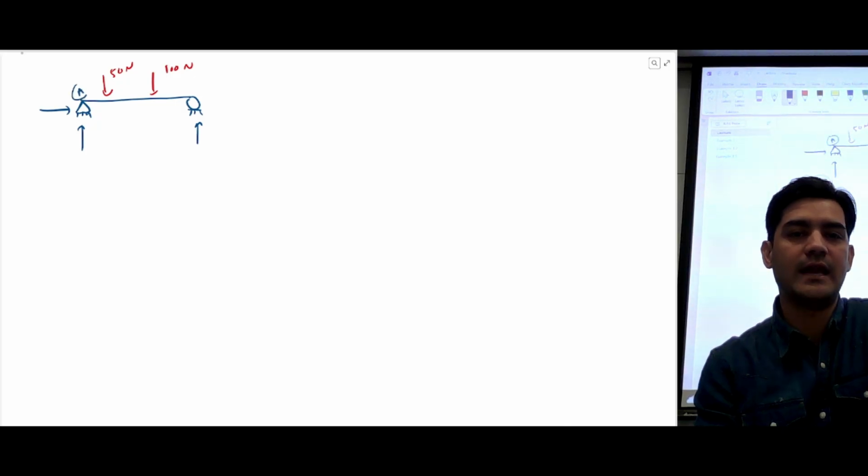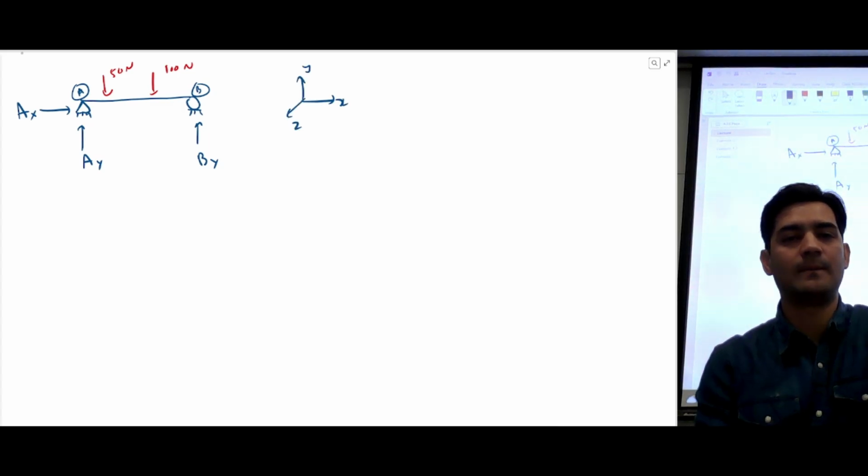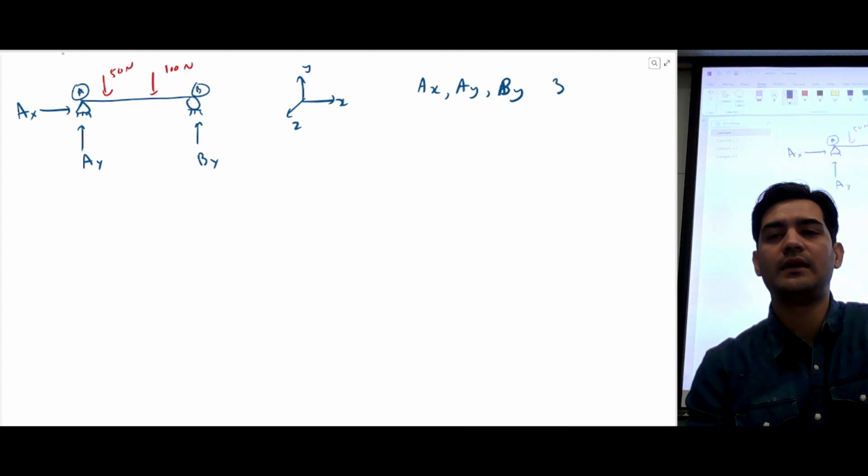If this is A, this is B, this would be A of Y, this would be A of X, and this would be B of Y, if we assume this is the X axis, this is the Y axis, and this is the Z axis. So how many unknowns do you have? You have three unknowns, right? You have A of X, A of Y, and B of Y.